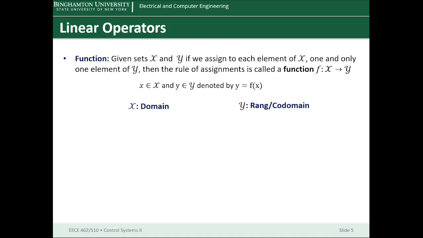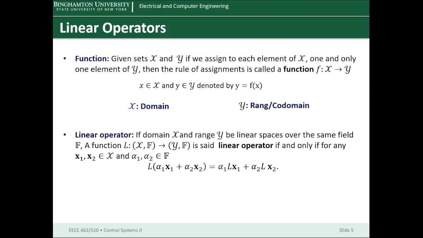Now, when we say a linear operator, we want to specify a very particular type of function. A linear operator is a function where both the domain and the codomain are vector spaces over the same field. In other words, it's a function defined on a vector space and mapped into a vector space with one special property, linearity.